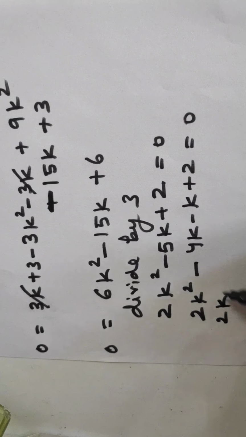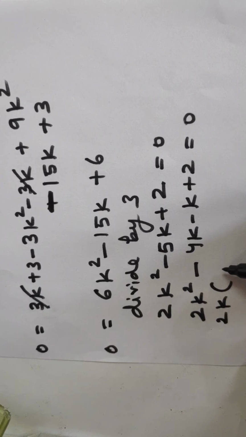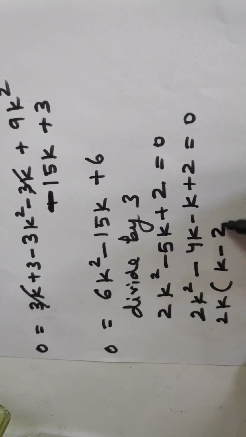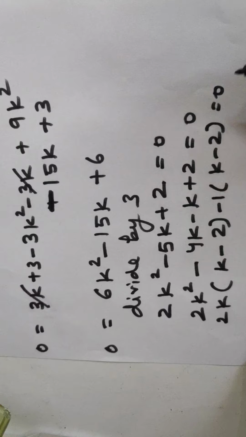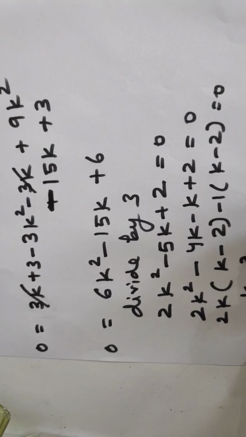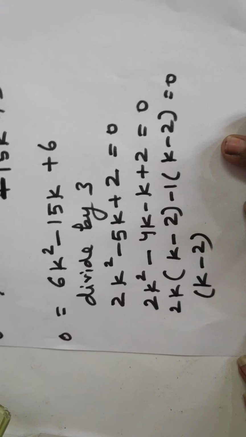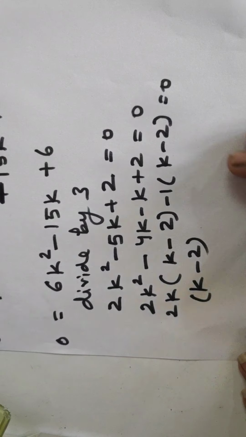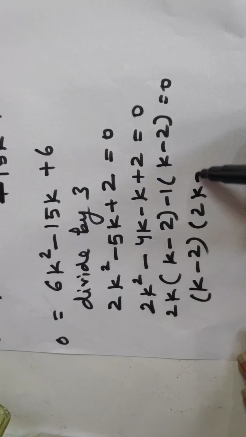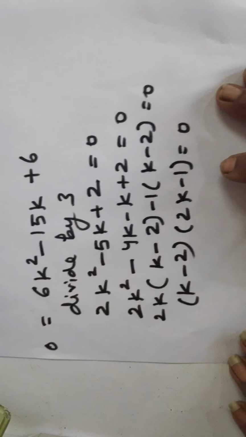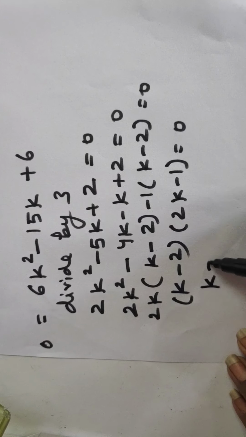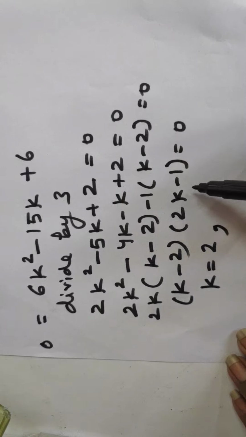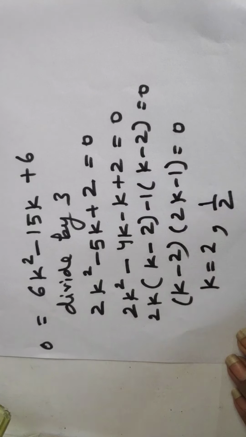We take 2k common and we have k minus 2, minus 1 times k minus 2 is equal to 0. Taking k minus 2 common, we have k minus 2 and 2k minus 1 is equal to 0. So now we have got the two values of k, that is k is equal to 2 or k is equal to 1 by 2.